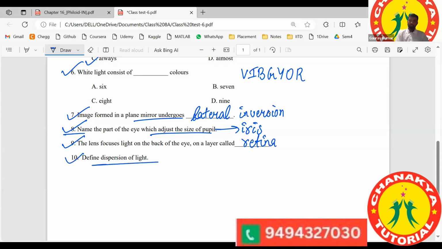The dispersion of light is called. Sir, the splitting of light into its colors, the splitting of white light into its colors. Yes. What I wrote is the process of separation of white light into a spectrum of 7 colors due to change in medium is called dispersion of light.